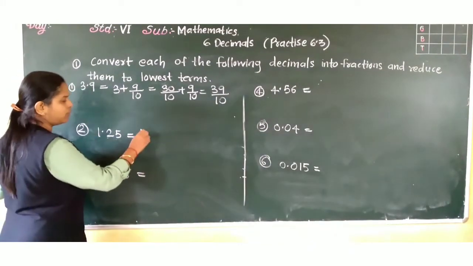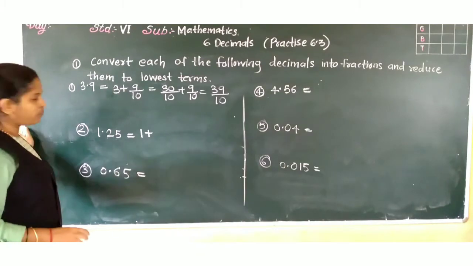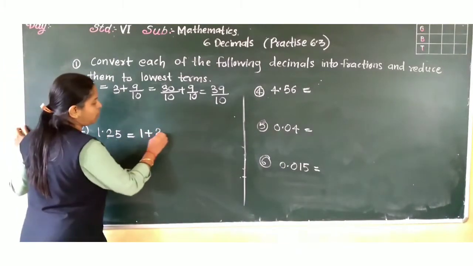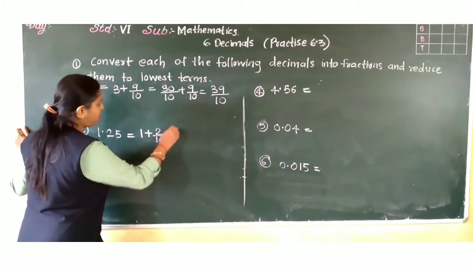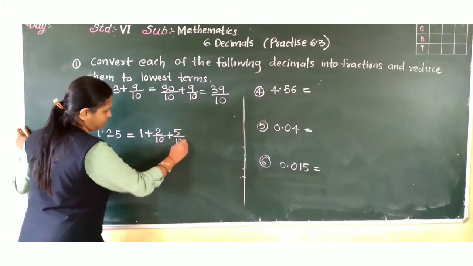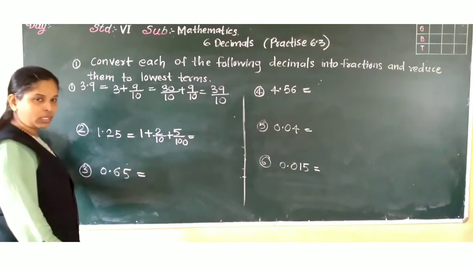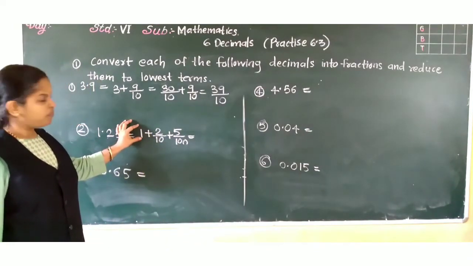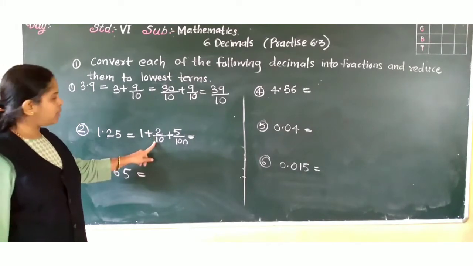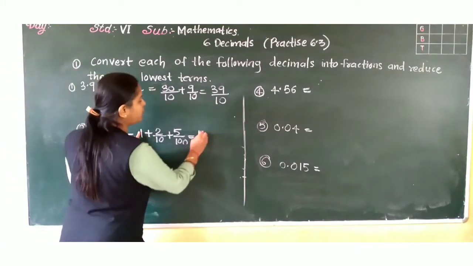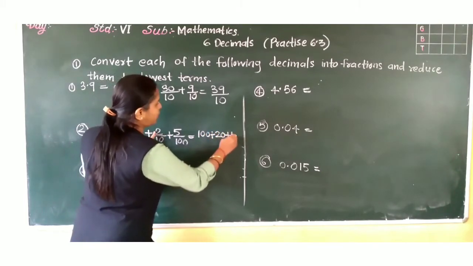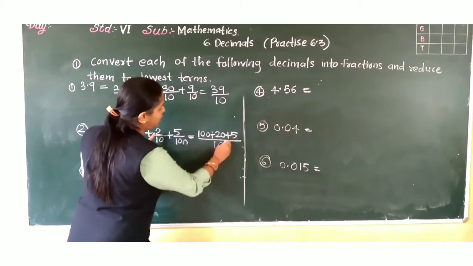Now see, the second one. 1 is the whole number. How to write it? Expanded form. 1 plus 2 is at 10th place. That is, how to write it? 2 upon 10 plus 5 upon 100. Now, to make the denominator the same, this we have to multiply by 100, this by 10, because 10 tens are 100. So directly I will do 100 plus 20 plus 5, and the denominator will be 100.